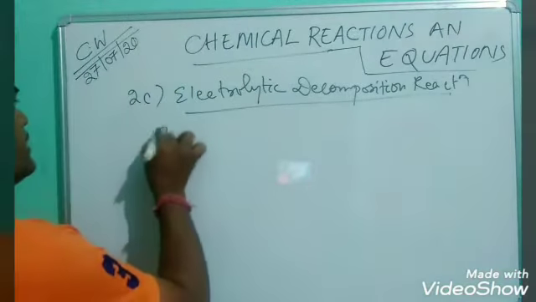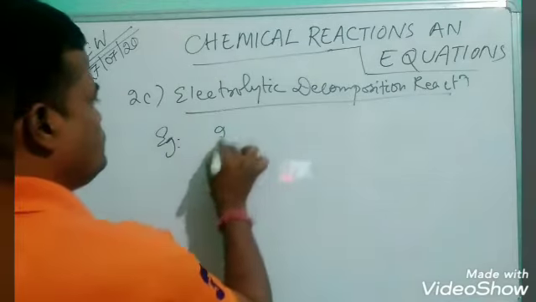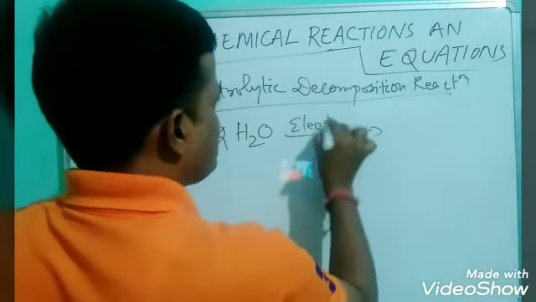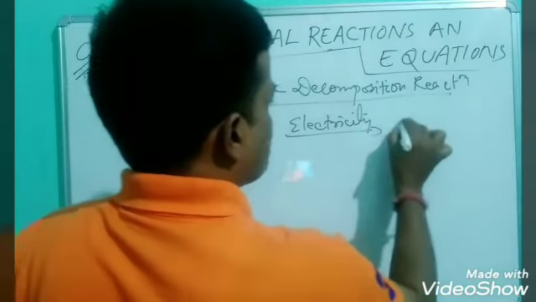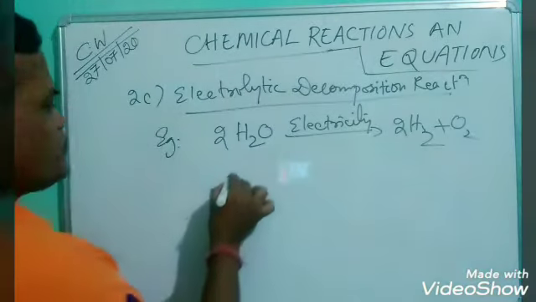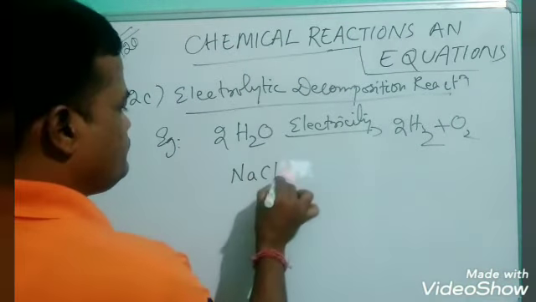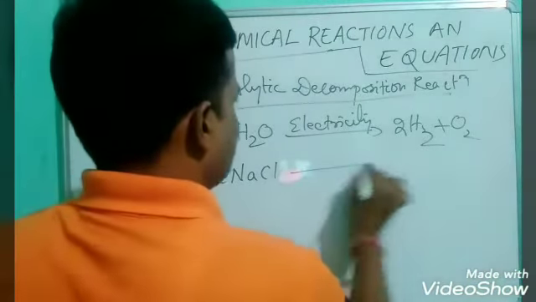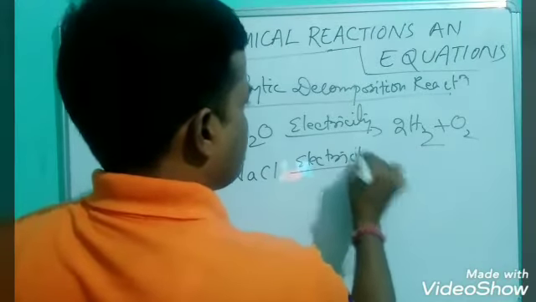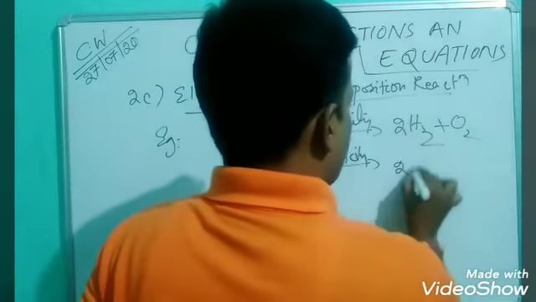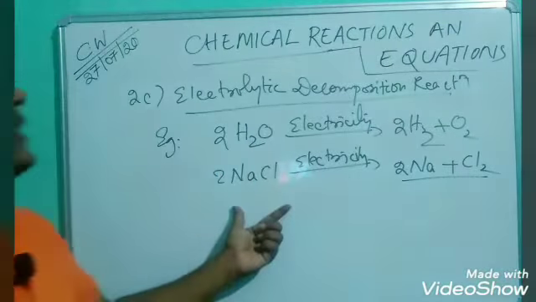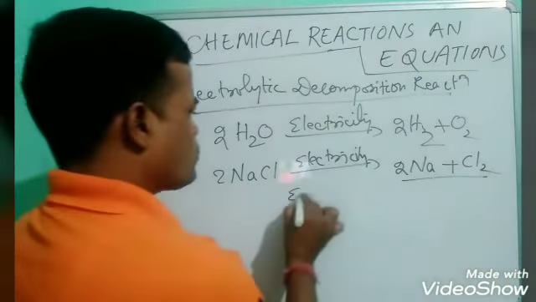As an example, 2H2O in the presence of electricity produces 2H2 plus O2. Another example is sodium chloride, 2NaCl. In the presence of electricity, it gives rise to 2Na plus Cl2. So this is called electrolytic decomposition reaction, otherwise called electrolysis.